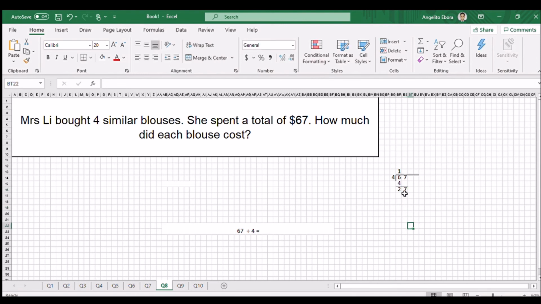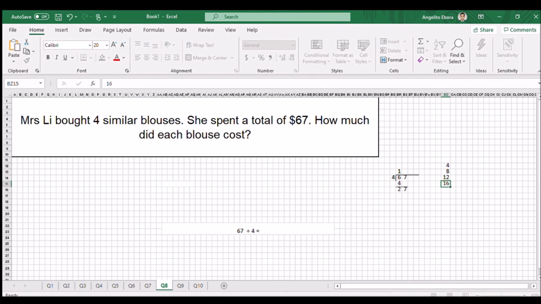Okay, 27 divided by 4 is blank. Okay, so make sure that you know the multiples of 4. So 4, 8, 12, 16, 20, 24, 28. So our number is 27.